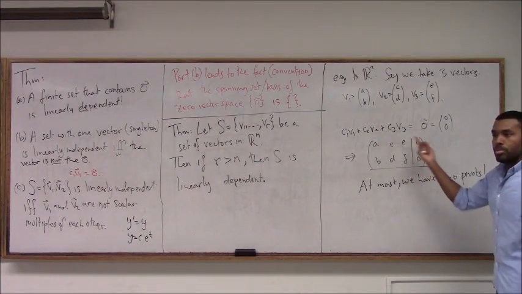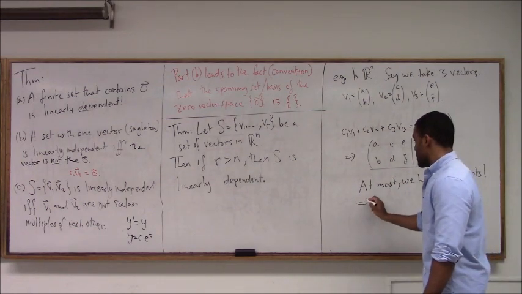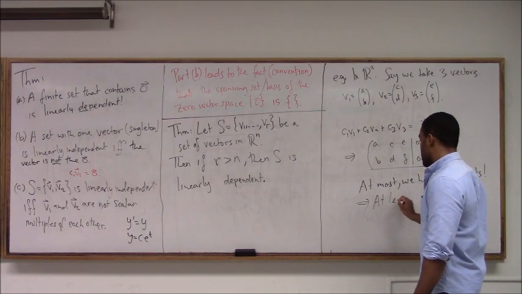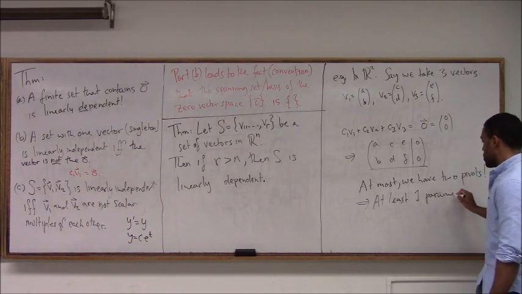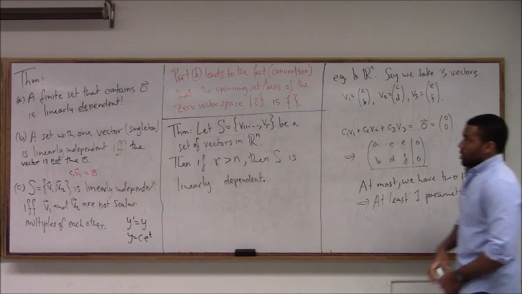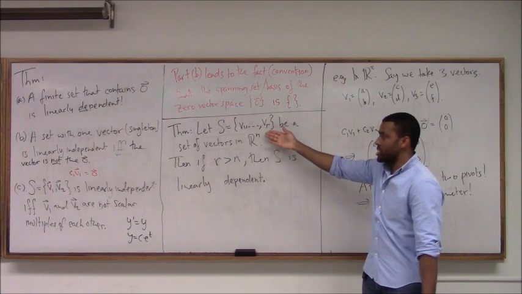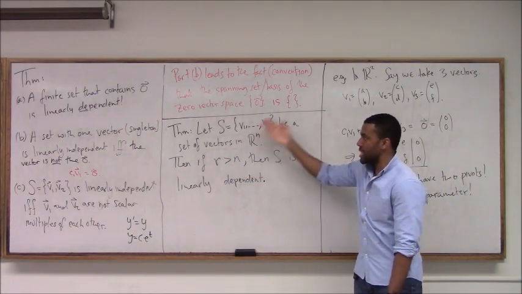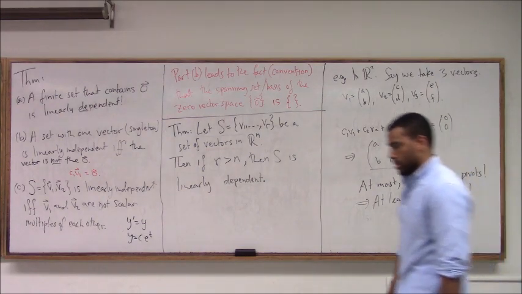It's only possible to get 2 pivots based on how we set up pivots, which means we will have at least one parameter, which kills the unique solution. And of course, if there are more columns, it's even worse. We'll have multiple parameters. So it turns out, if you're in a set where the dimension is n, and you have more vectors than the dimension of that set, you'll always have a dependent set.